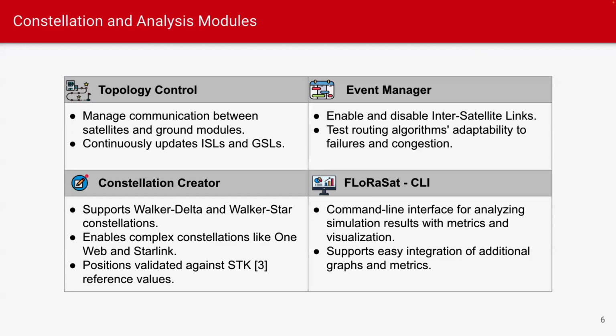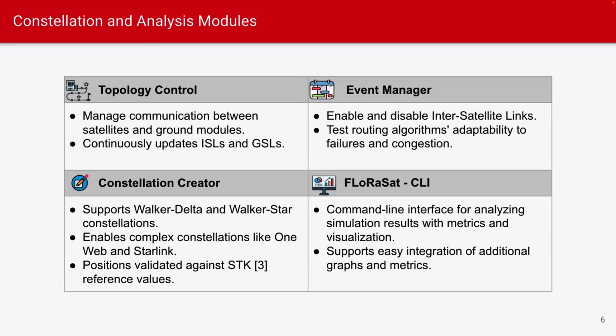Additionally, we have a topology control module that is responsible for managing and keeping the topology of the constellation. This module manages the communication between the satellites and the ground modules, the ground station, and other elements. It also continuously updates the inter-satellite links and the ground-satellite links.